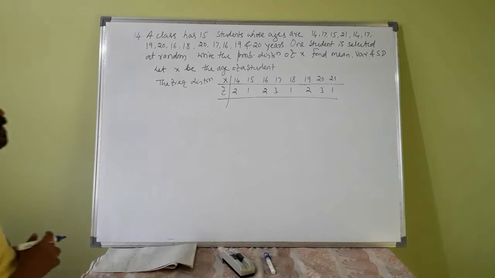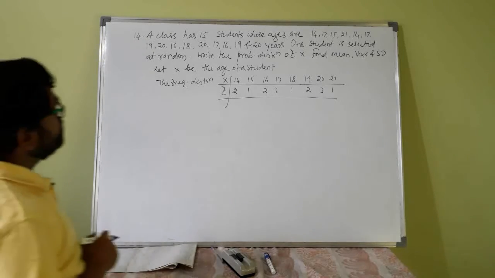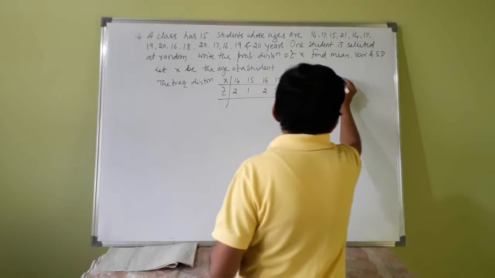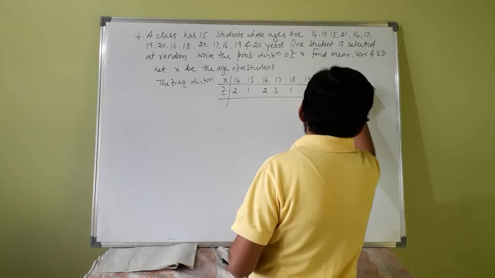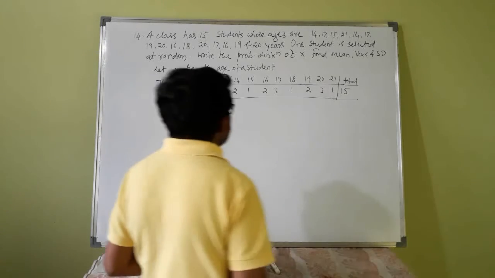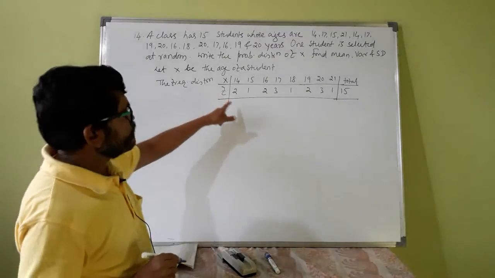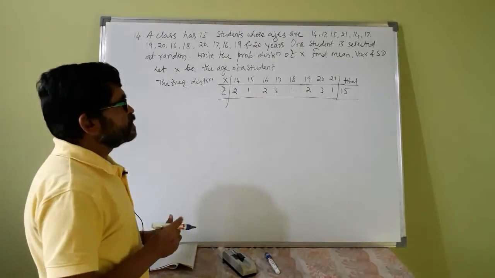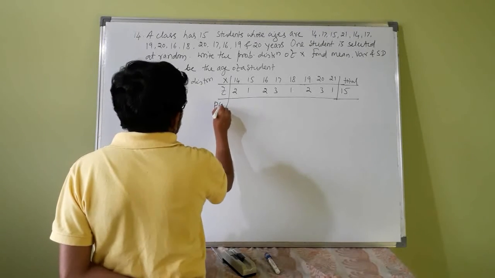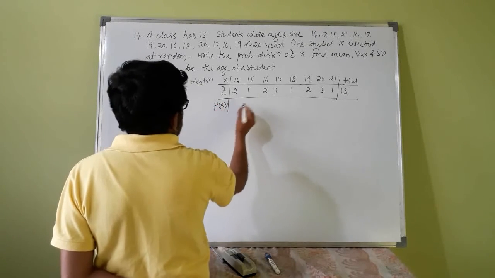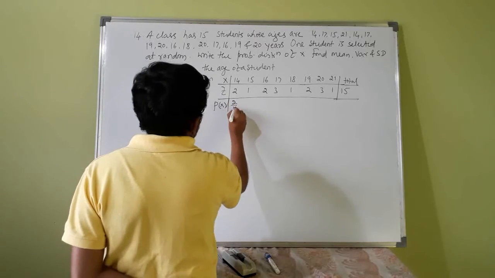As I told you, what is the total? Total is 15. This is total. See, if you divide each frequency by the total frequency, you will get probability of x. So 2 by 15 it is.